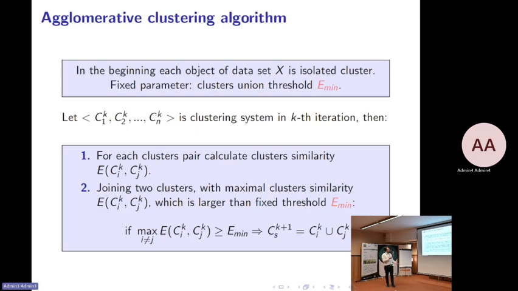Also there is a fixed parameter, the similarity threshold. In each iteration, we check if the maximal similarity of two clusters is lower than this similarity threshold; then we stop our algorithm. If not, we merge these clusters into one cluster and iterate this algorithm from step 1.